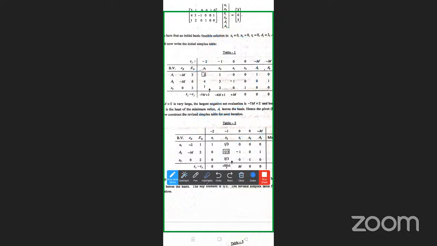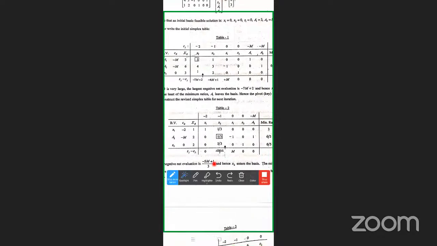So next row operation, R3 tends to R3 minus R1. So we are getting zeros here. So 1, 0, 0 on the X1 column, because A1 is replaced by X1. That's why we are converting the X1 terms to 1, 0, 0 by using row operations only. Is it clear?